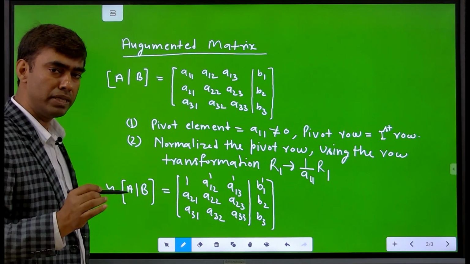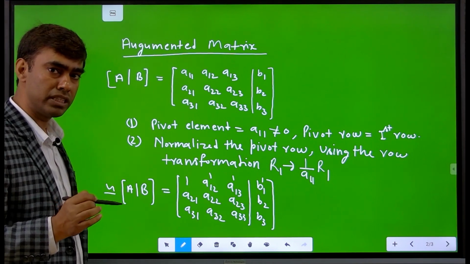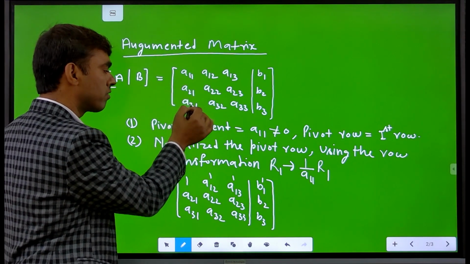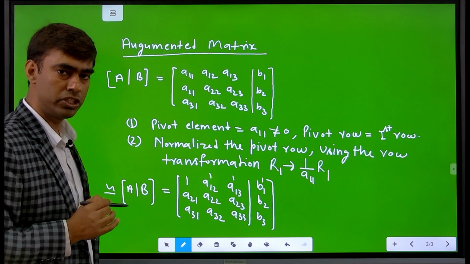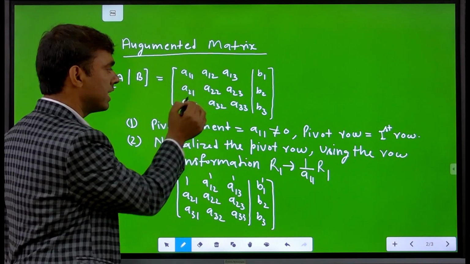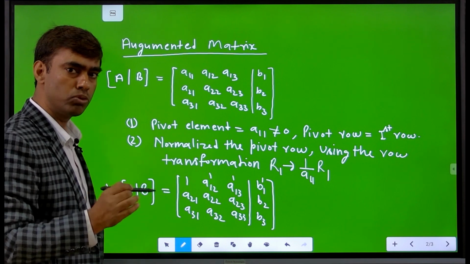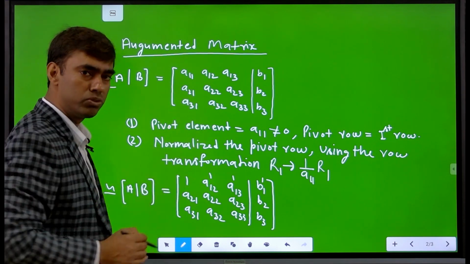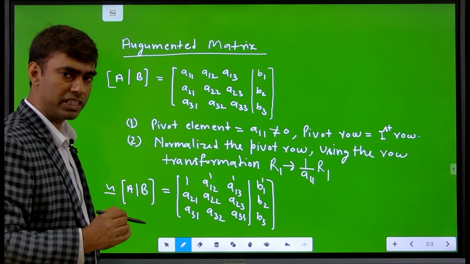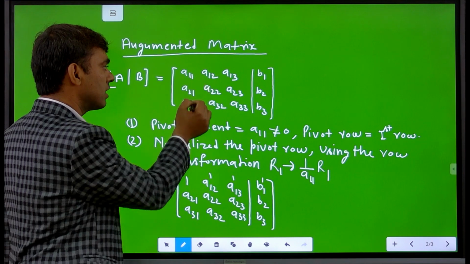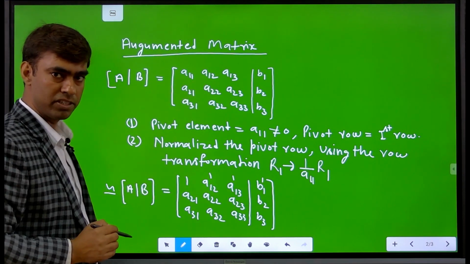How do we eliminate x1 from all the other equations? We make the coefficient of x1 in all other equations equal to 0. In the second equation, the coefficient of x1 is A21. So, we try to convert A21 to 0 and A31 to 0 with the help of a row operation to eliminate x1 from all other equations except the first one.